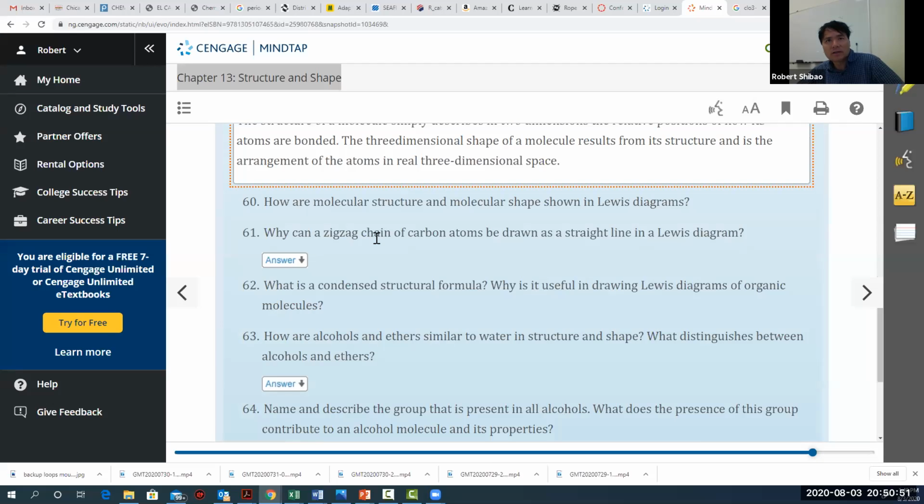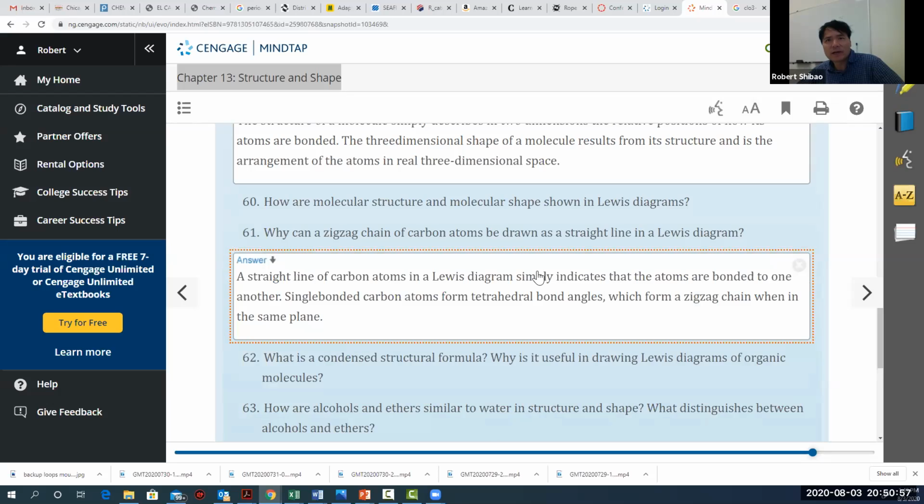Why can a zigzag chain of carbon atoms be drawn as a straight line in a Lewis diagram? Well, in a Lewis diagram, we don't care. But in three-dimensional shapes, we care. Also, it depends on the angle you look at it.